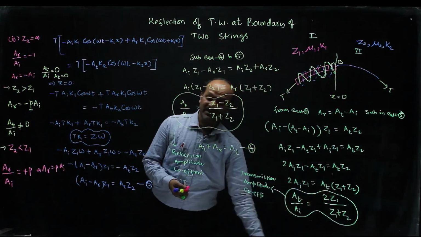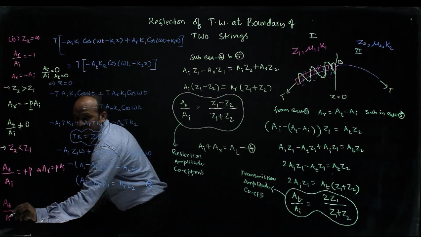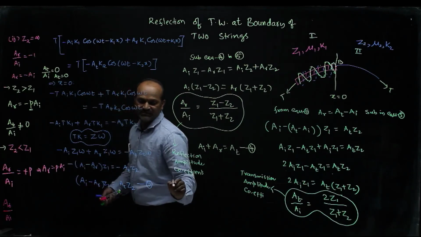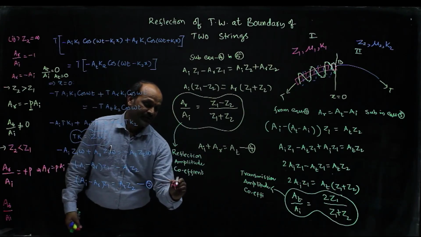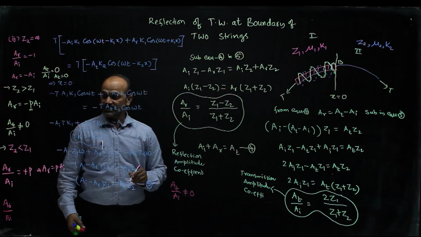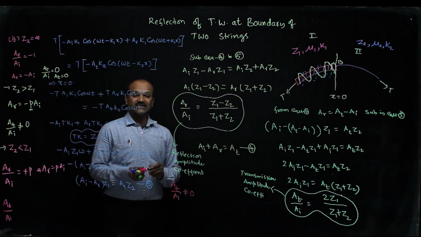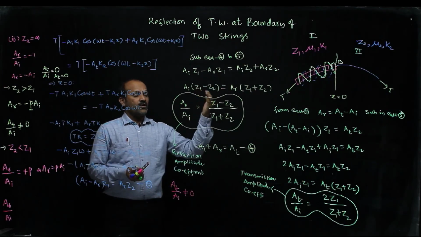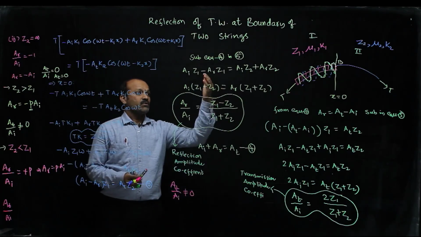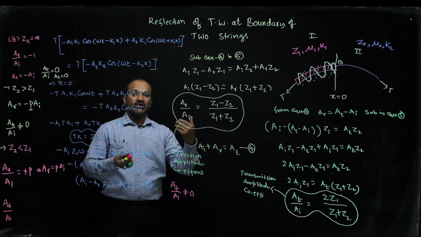That is, AT by AI also cannot become 0. That means the AR by AI ratio is positive. Positive in the sense that part of the wave is transmitted, of course, because it is not 0. Part of the wave is reflected back, but these two are in phase.